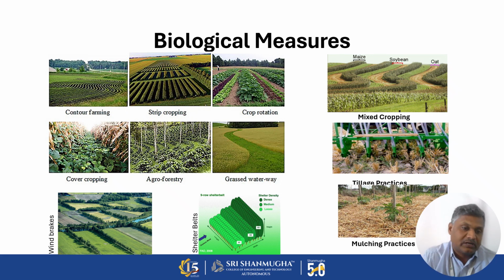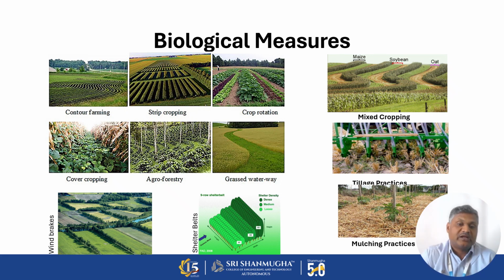Then windbreaks, this is called windbreaks. We can break the wind due to the growth of tree crops. Shelter belts, this is also the same practice, but we cultivate different heights of trees simultaneously. When the wind is low, the lower height trees will obstruct the wind.